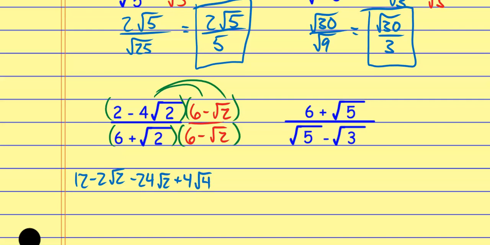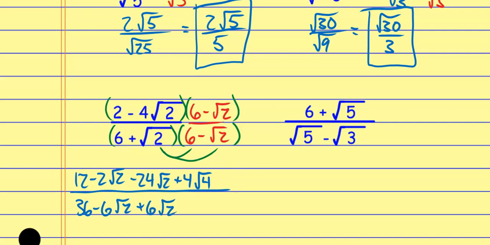And I'm going to do the same thing in the denominator. Let me distribute the 6. I'm just doing this in little pieces. So that's a 36 minus 6 root 2. And now I'm going to distribute the root 2, which gives me a plus 6 root 2 and a minus square root of 4.